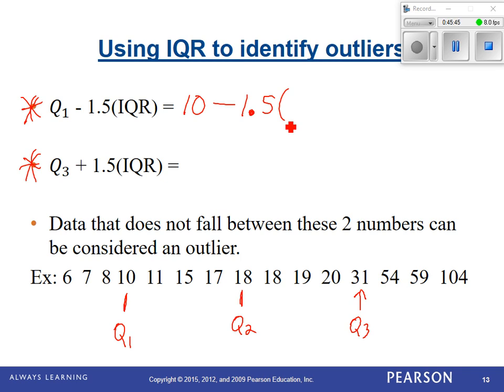The interquartile range is quartile 3 minus quartile 1, so 31 minus 10, which was 21. Somebody help me out, punch that all into your calculator. You can punch it in just like it is right there. Negative what? 21.5.